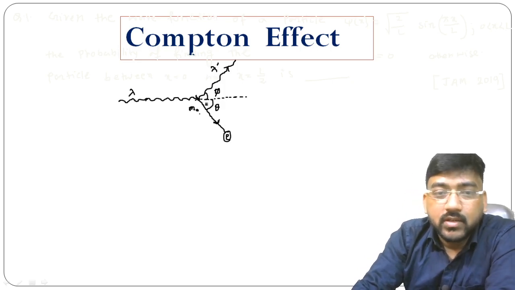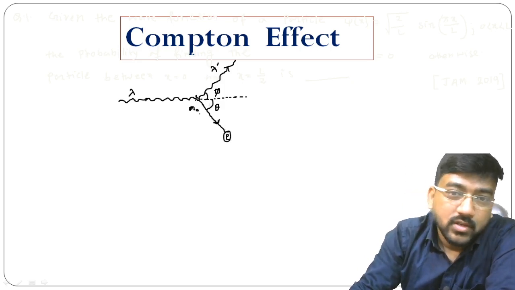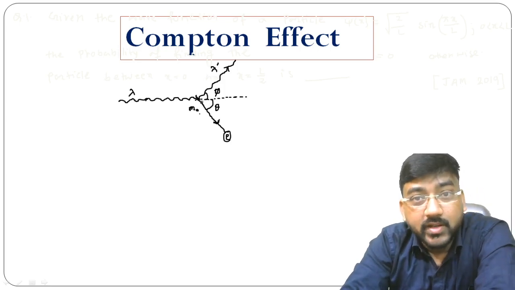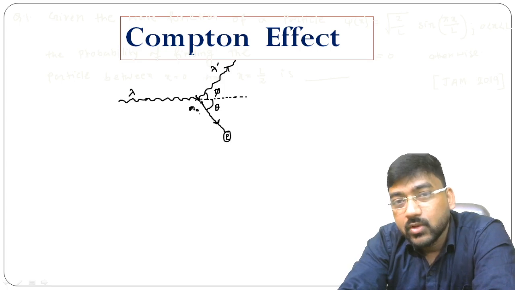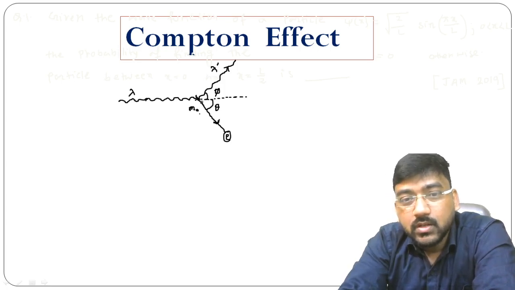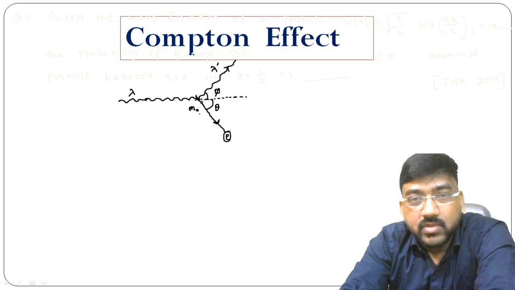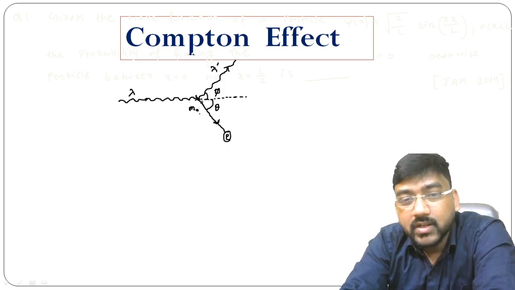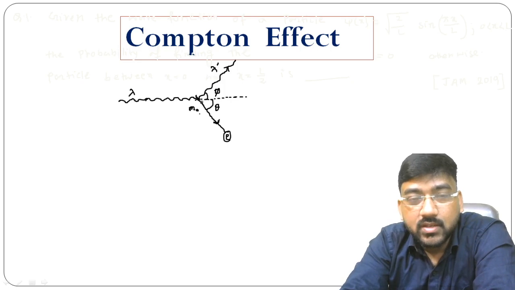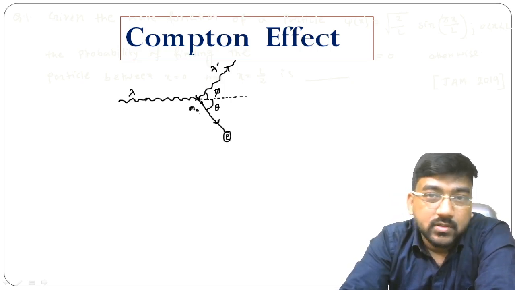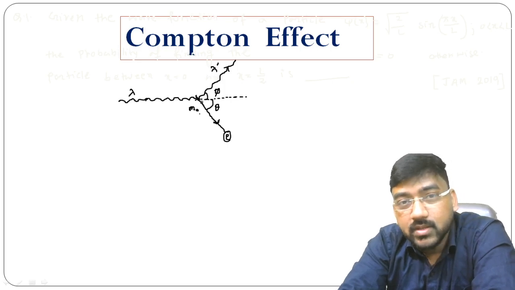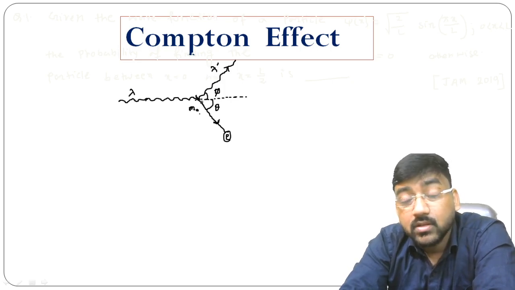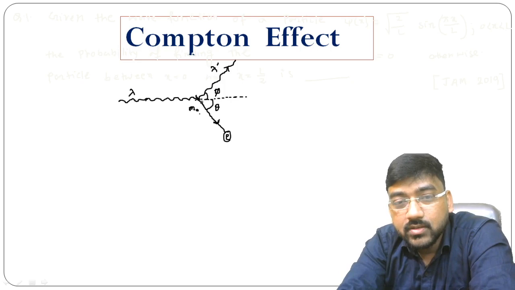We will discuss later. If this electron is not free, its binding energy is very high, then the wavelength shift will not be measurable, because in that case we have to use the mass of the atom instead of the mass of the electron. We'll explain later, after giving the mathematical expression, why you cannot measure the Compton shift, that is delta lambda, if the electron is not free.